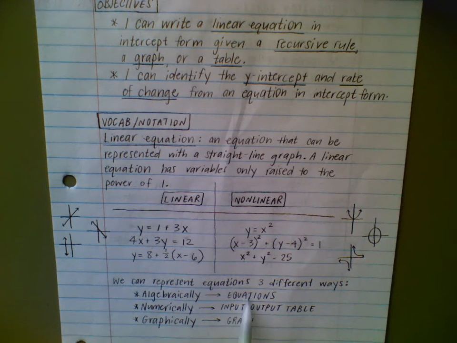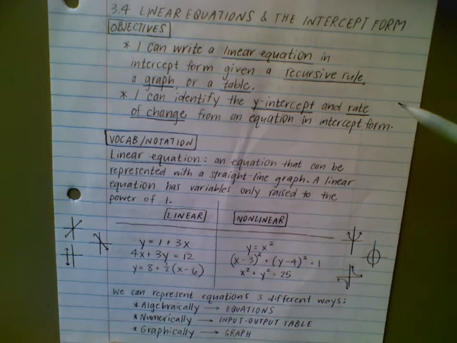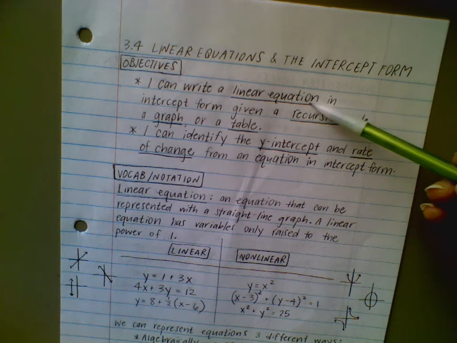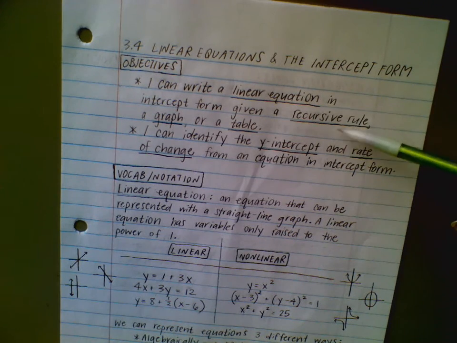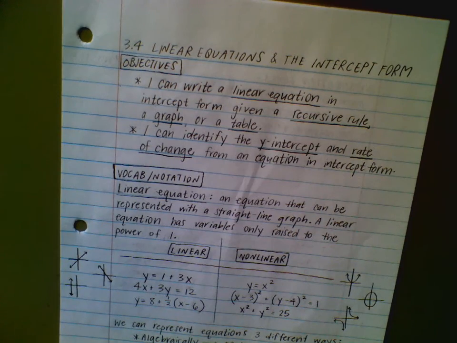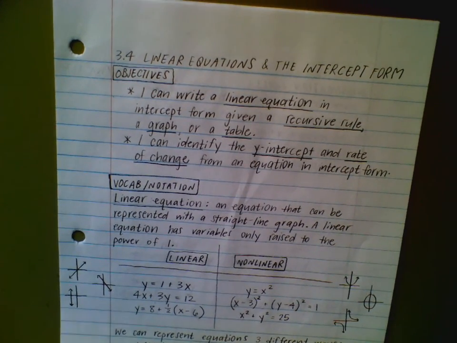And you can see how those 3 different things relate to that first objective, where we're writing an equation given a rule, a recursive rule, or even a real-world situation, a graph, or a table. So we're going to talk about all this a little bit later, but first I want to start looking at our investigation.